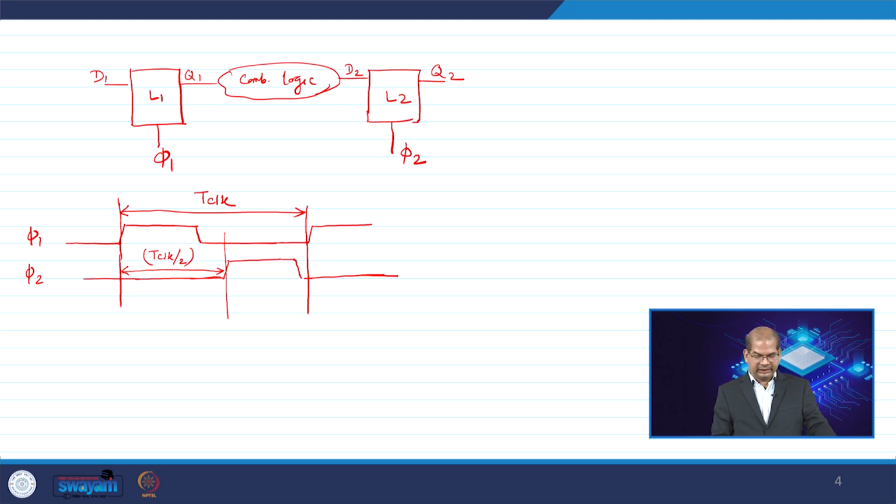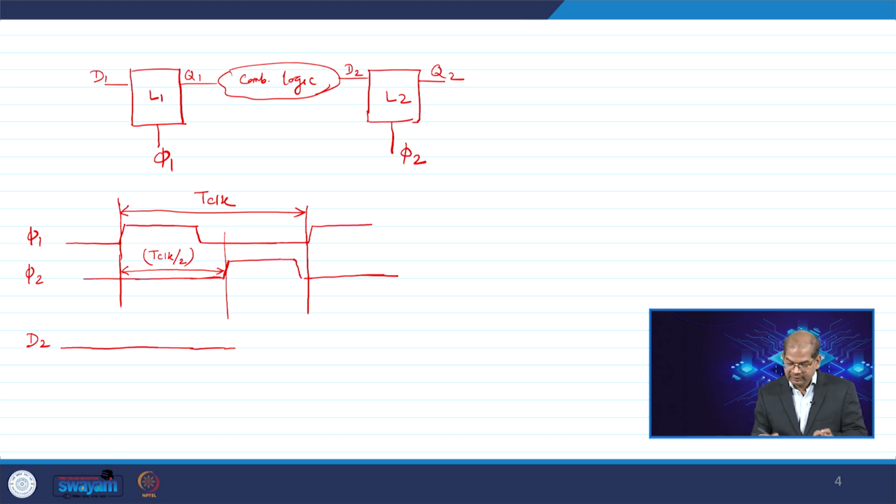Now, let us say D2 takes more time to evaluate. It should ideally come before the rising edge of this phi 2, but let us say it takes more time to reach D2 because of more combinational delay. I am calculating the worst case time borrowing.